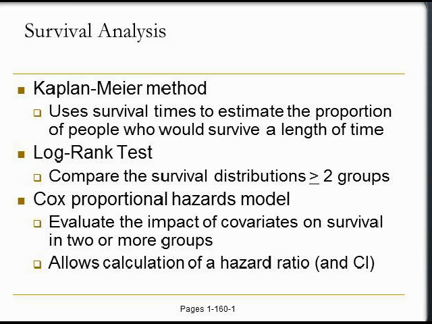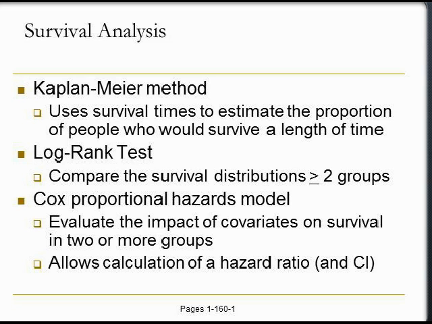The Kaplan-Meier method is probably the most commonly used method, the one you see in the literature most commonly. Basically, the Kaplan-Meier method uses survival times to estimate the proportion of people who would survive for a given length of time. It draws a picture, showing us the survival curves in those two or more groups. To compare those survival curves, we would use a couple of different methods.